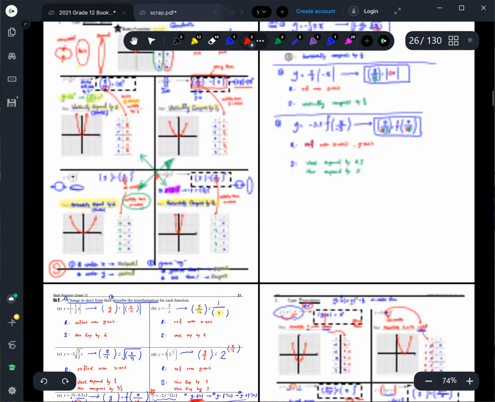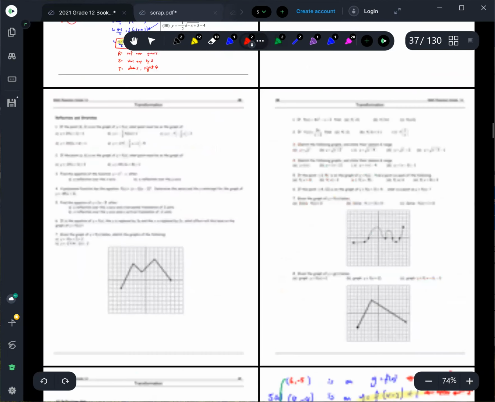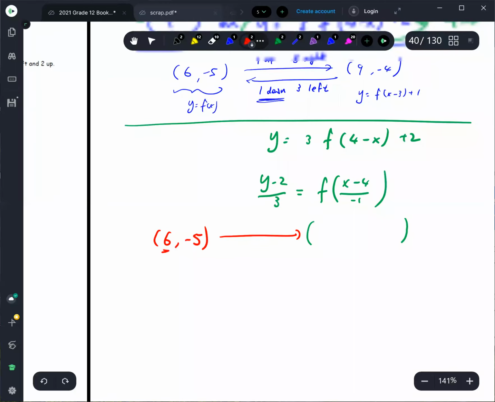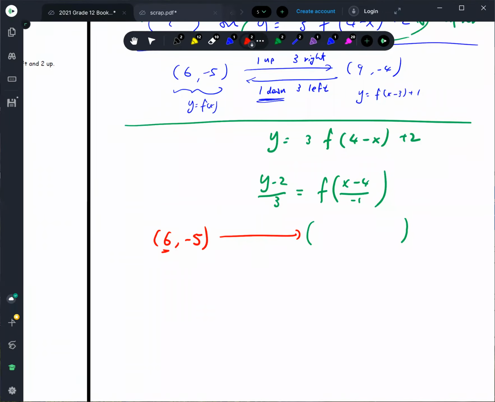Well, you do the reflections and the translations. Yeah. Okay, so for the x part, what do we need to multiply? -1. Yeah, multiply by -1 and then plus or minus? Plus. Yes, okay. So times -1 and then plus 4.